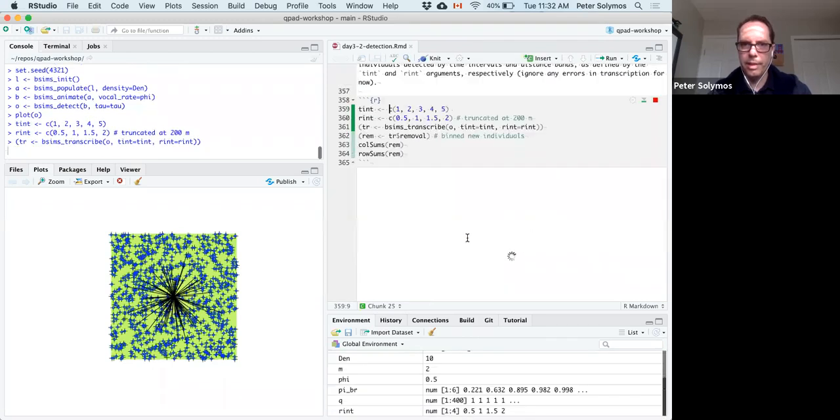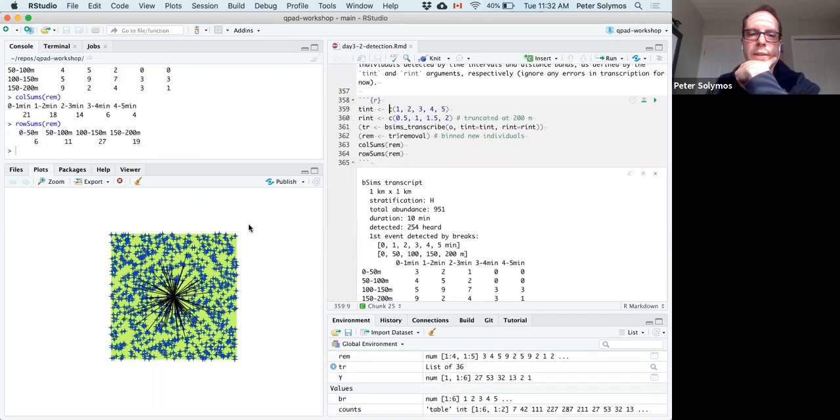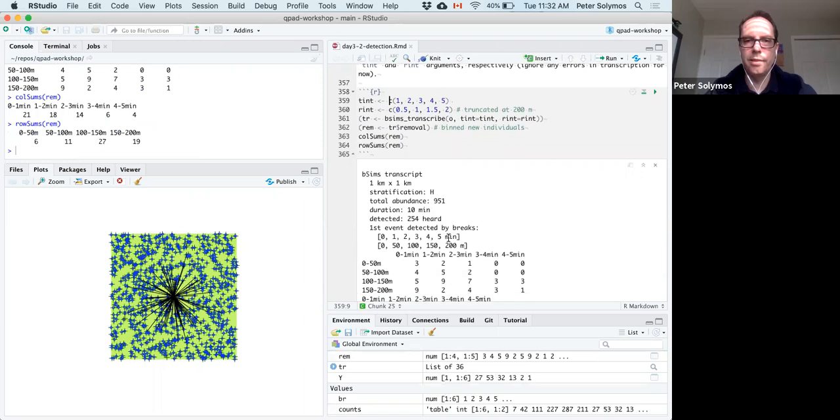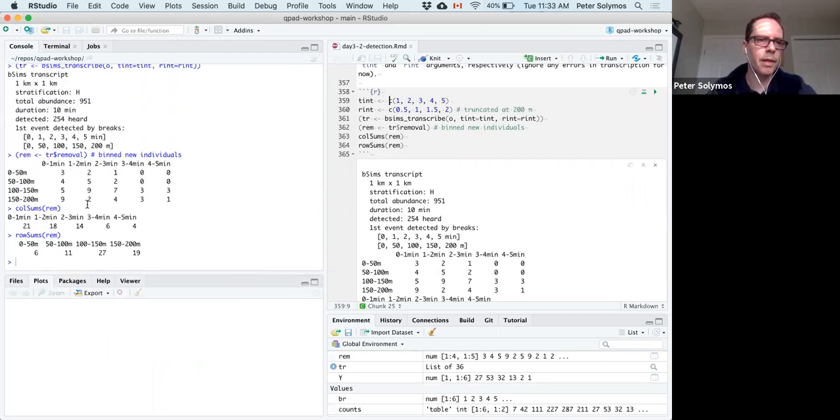Let's do this. So we transcribe this landscape and this simulation outcome into bins, and we get the removal table. Now, instead of just distance intervals, we also have distance intervals and time intervals.